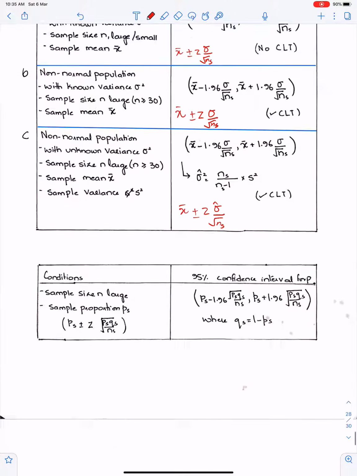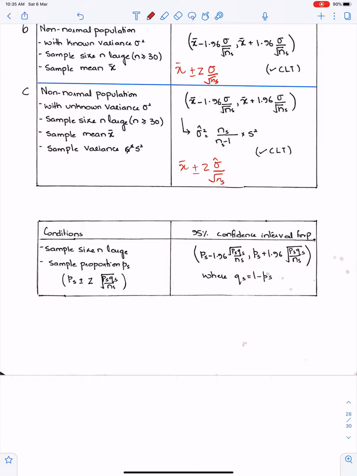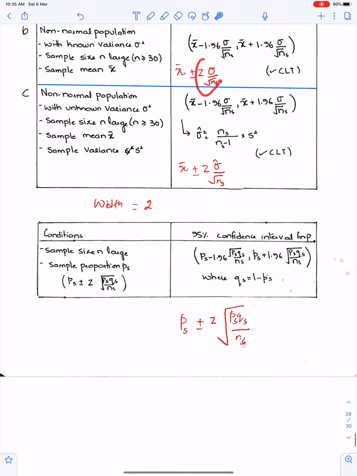And the formula for PS is, it is PS plus minus z under root PS QS over n, and you all know how to get the width. So for width we multiply this thing or this thing by 2.